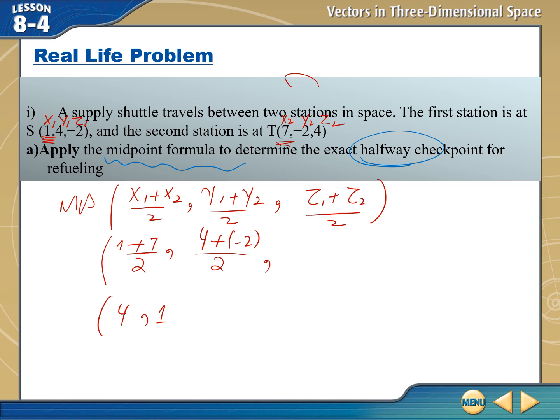Then we have z1, that is -2 plus z2 is 4 divided by 2. So 4 minus 2 is 2. 2 divided by 2 is 1. So these are the midpoints, exact halfway checkpoints for the refueling.